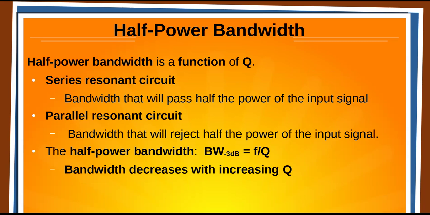In a parallel, it's the bandwidth that will oppose or reject half the power of the input signal. And the formula is the 3 dB down bandwidth is the frequency divided by the Q, which we just did before.